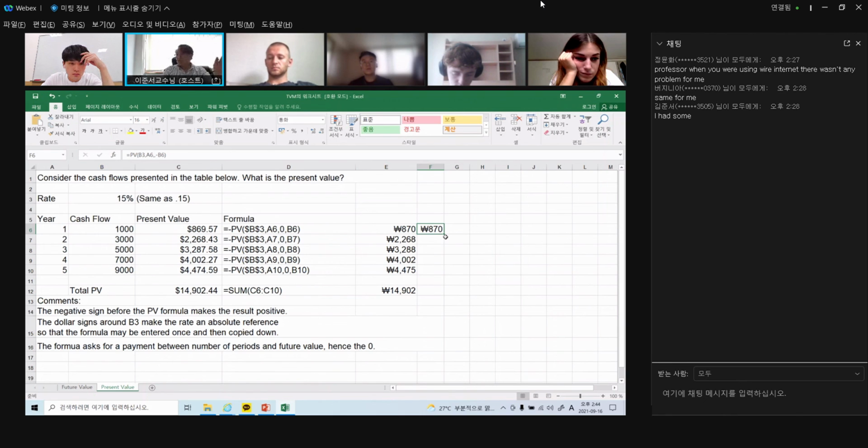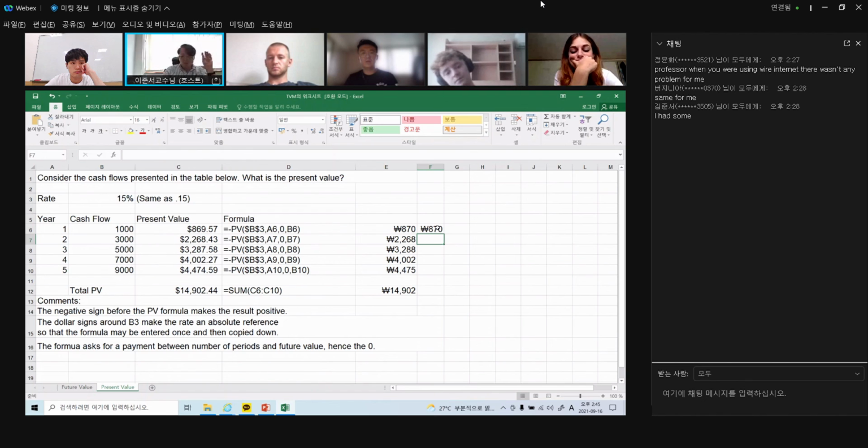So let me give you a very useful tip to solve this question very simply. If the interest rate is fixed, then it's very easy to solve this question. From now on, this is not a finance technique, but an Excel skill, right? If you add a dollar sign in front of a cell reference, then that cell is fixed, right? And then you don't have to calculate one by one.